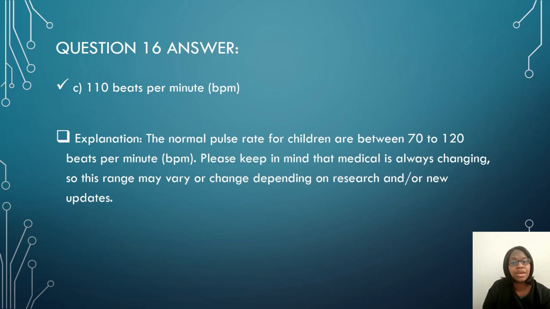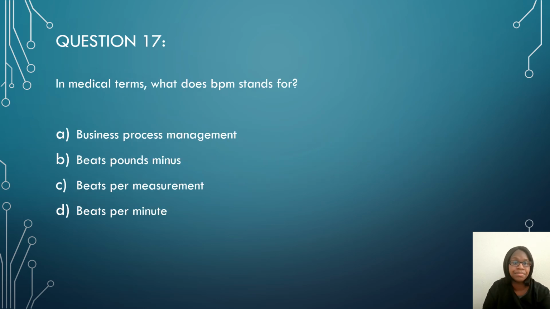A normal pulse rate range for children is anywhere between 70 and 120 beats per minute. I always throw out the disclaimer whenever I'm using numbers that medical is always changing. Different research may come out, a book may be outdated that has this information in it. So it's always changing and updating, okay?